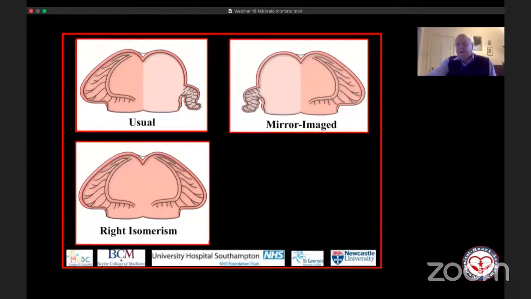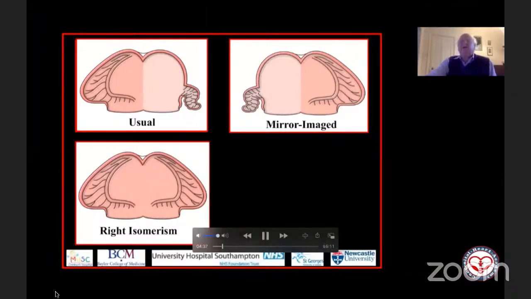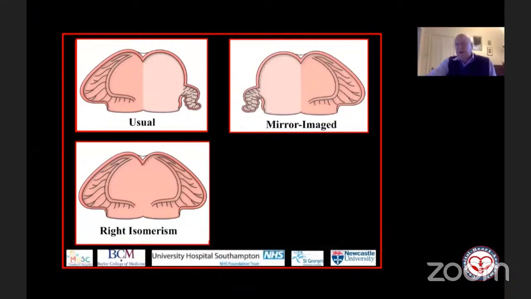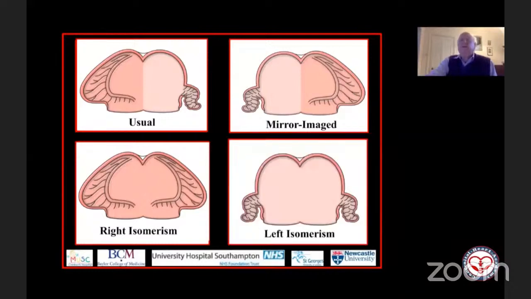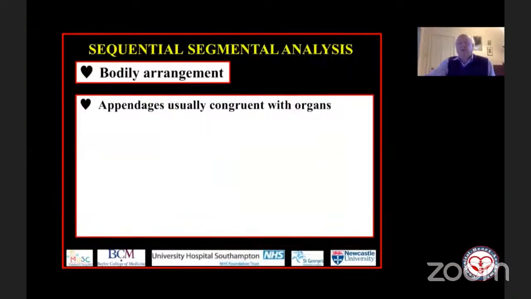And we pointed out that in so-called visceral heterotaxy, when we concentrated on the atrial appendages, we could divide that group of lesions into right isomerism, the pectinated walls coming to the crux on both sides, and left isomerism, when there was a smooth vestibule moving towards the crux on both sides. And this is our starting point now for sequential segmental analysis.